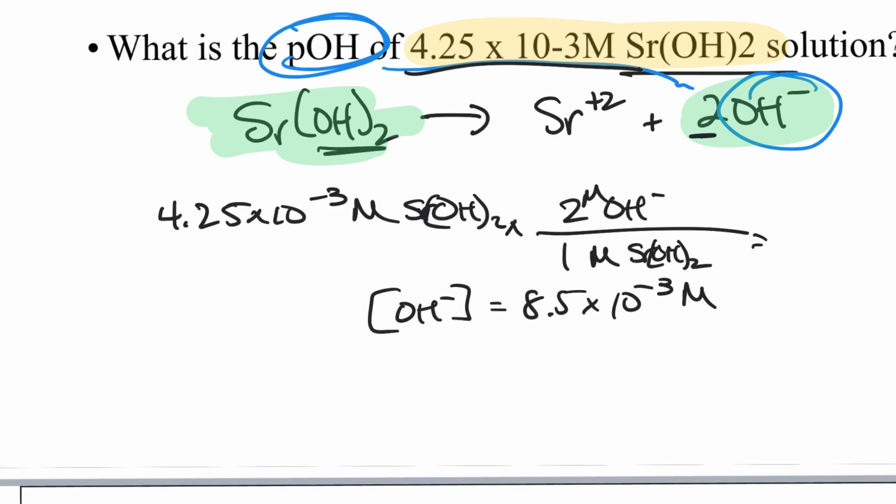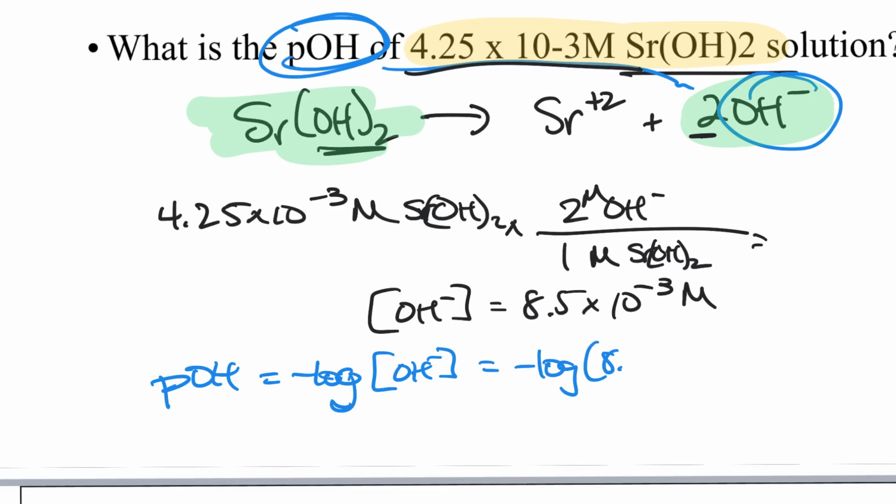We know that the pOH is equal to the negative log of the hydroxide concentration, so the negative log of 8.5 times 10 to the negative 3. You put this in your calculator and you get 2.07, and that's your pOH.